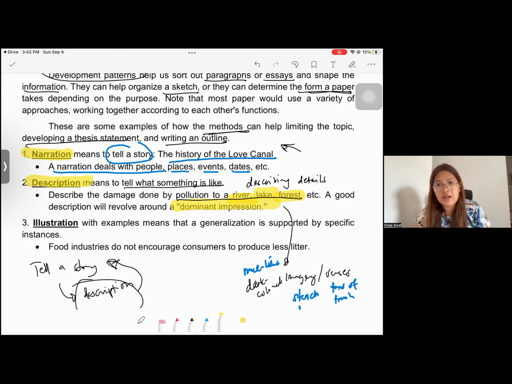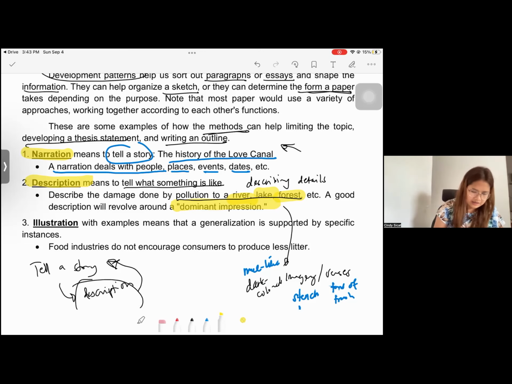What was the atmosphere? What was the paper like? You could include the descriptions. But description can stand without narration. Like you want to describe the test. It was terrible. It was very difficult. The items that were included were not part of the discussion, something like that. So you were describing but not necessarily narrating.